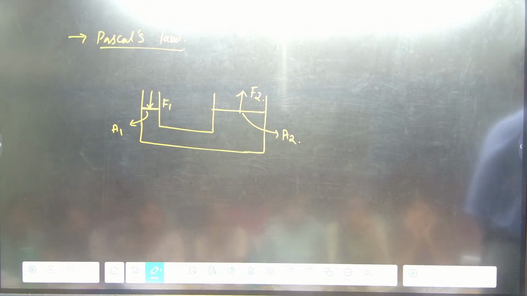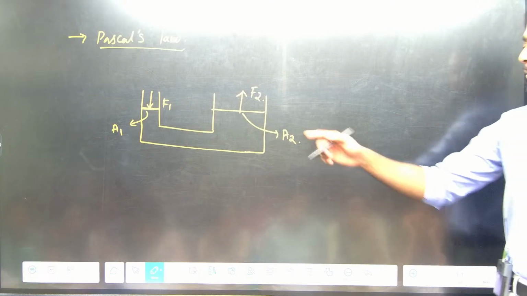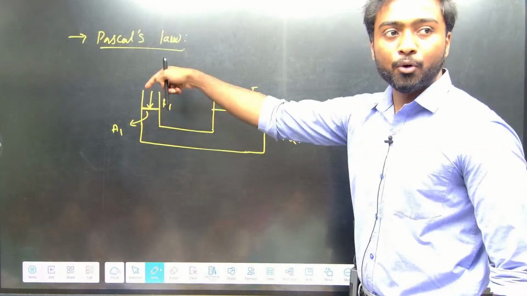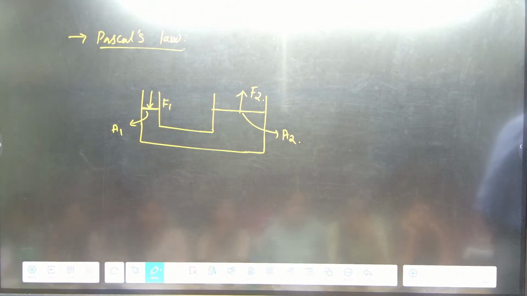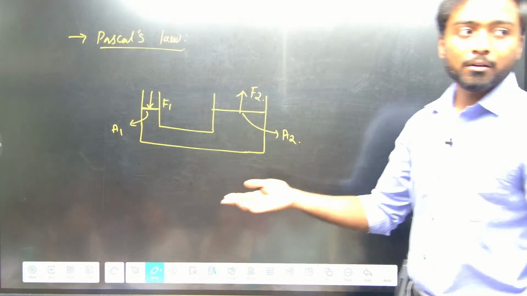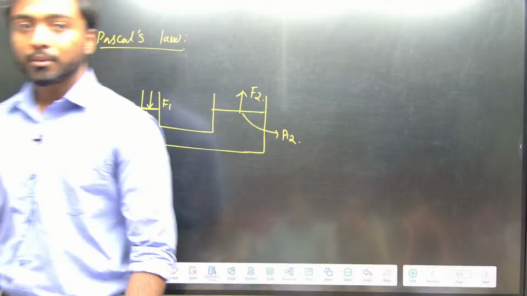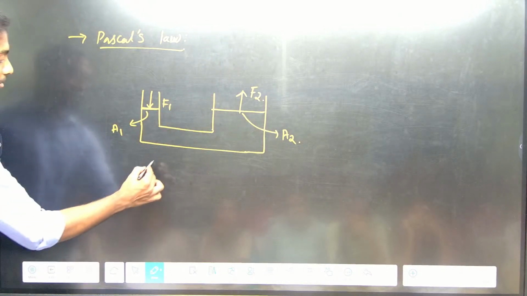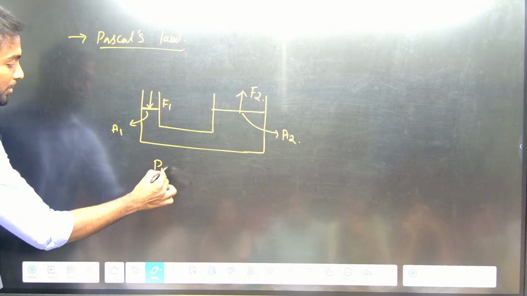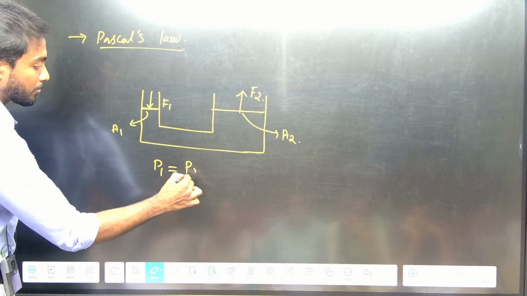If I apply a force on one side, an equal pressure will lift the car on the other side. So pressure here is P1 and pressure there is P2.